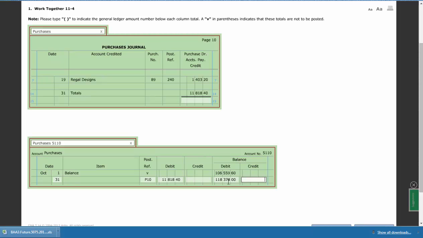Now, please note that Applia has one spot right here that we can enter in a post reference number, but in fact we have to post twice. Would you agree? Because what's the other account I need to post to? Accounts payable. So what I am going to need to do is put a parenthesis, put in my first account number, and then I do a slash, and then I enter in my second account number.